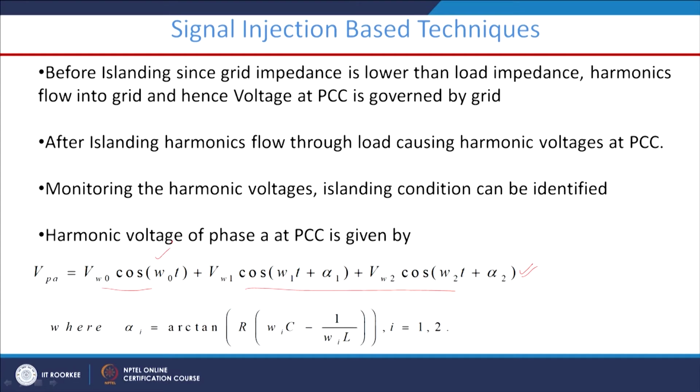The first part is V omega naught cos omega naught t plus V omega 1 cos omega 1 t plus alpha 1, and omega 2 t and alpha 2, where this alpha i is basically the angle, expressed as r into omega i c minus 1 upon omega i L, and this i is equal to 1 and 2. This is how this particular signal injection based technique provides the information about the current as well as the voltage of phase A.